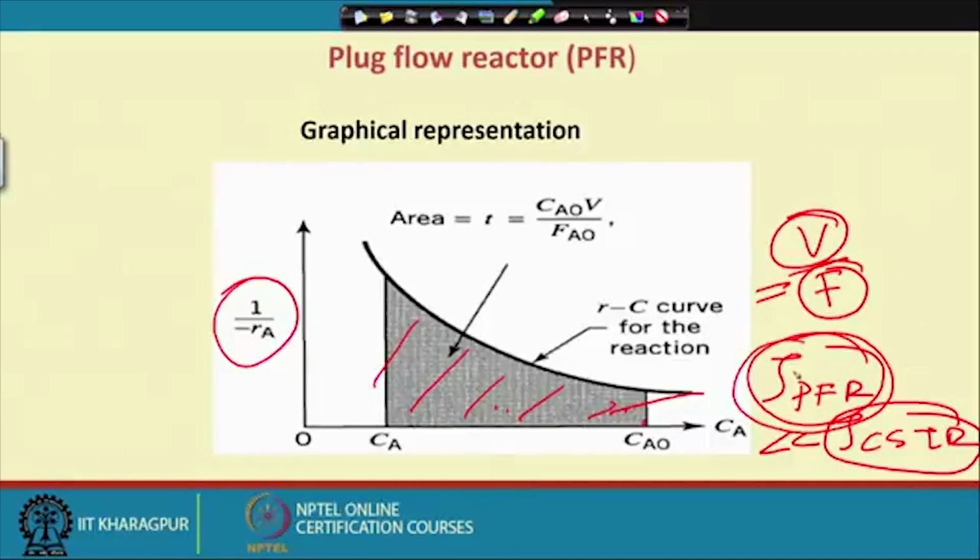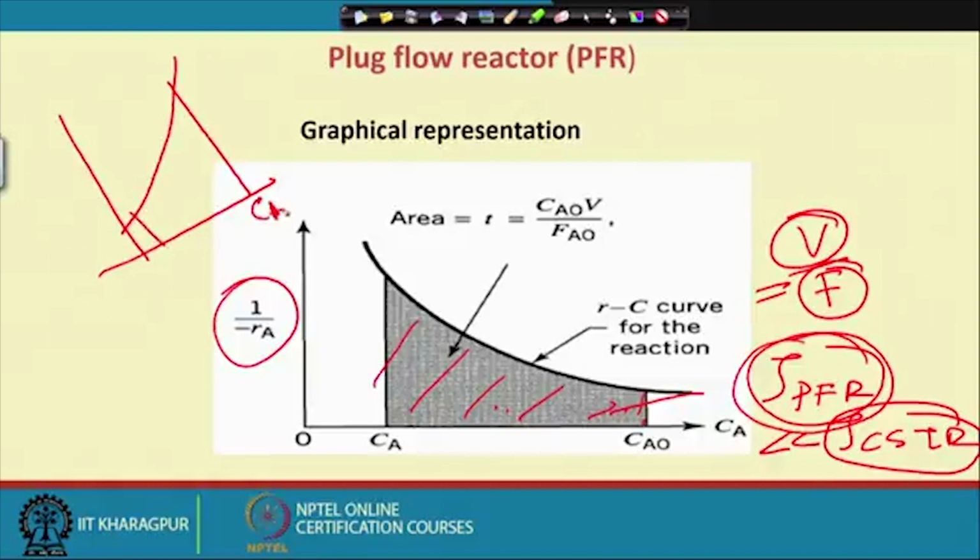So if the correlation is like this, our choice is the plug flow reactor. But if we have another type of correlation like this, then if you look at Ca0 by Ca, the area under this curve is tau CSTR, but the area under this curve will be tau plug flow reactor.